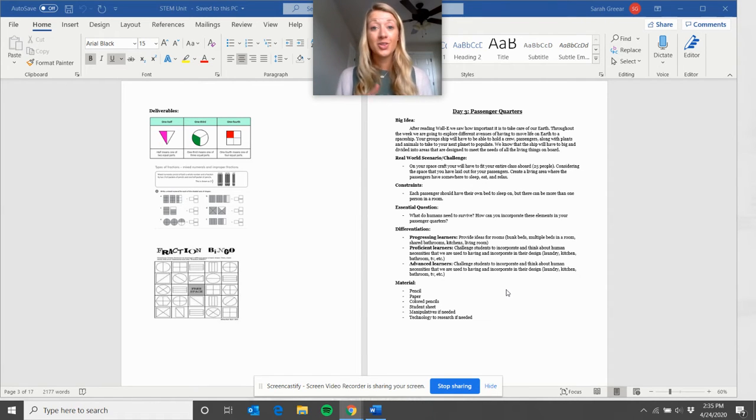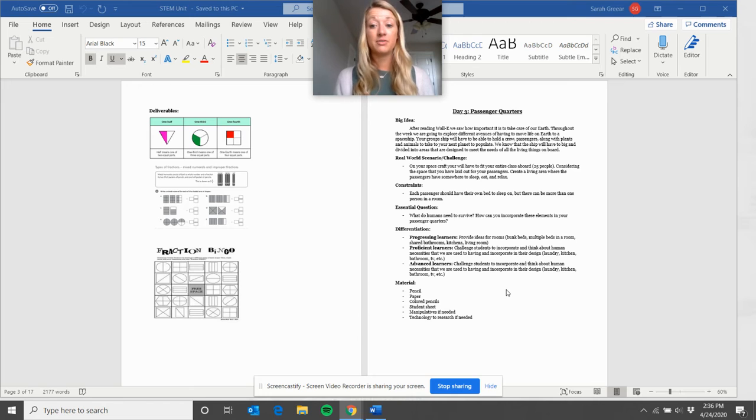On day 3, the students will be tasked with designing the passenger quarters, where the students will be given the task that their spaceship has to be able to hold all 25 students in their class, and each of those students gets their own bed.